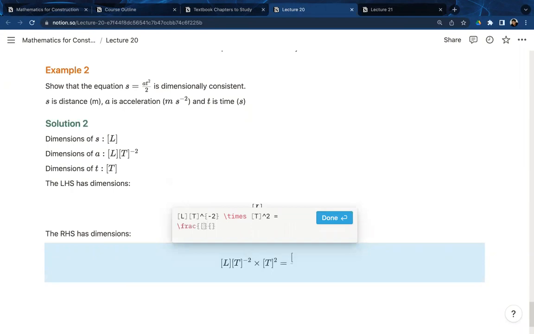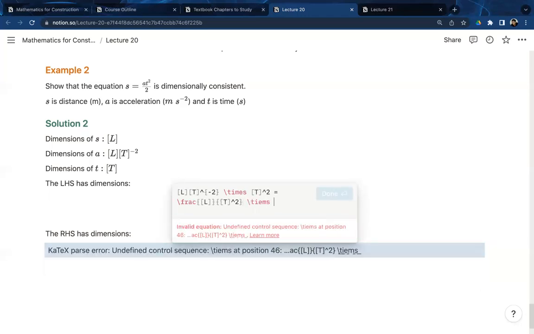So you'll have L in the numerator, and you just have a t squared in the denominator, right? And we times t squared.